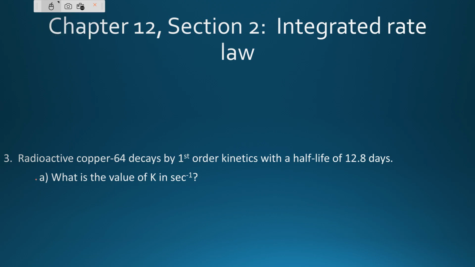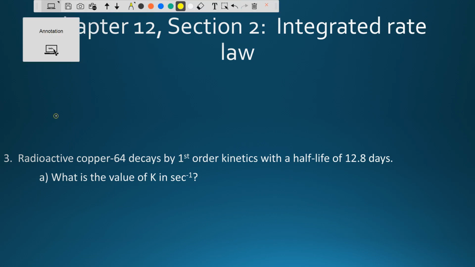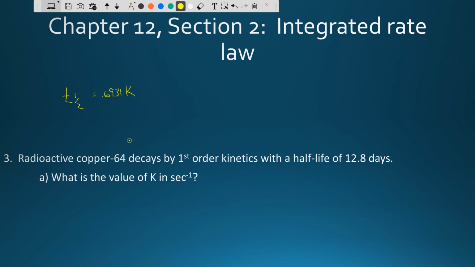And so I find that my time would be the 0.6931 over K. Okay, so I have 12.8 days equals 0.6931 over K. Okay, and so my K ends up being 0.054 per day.